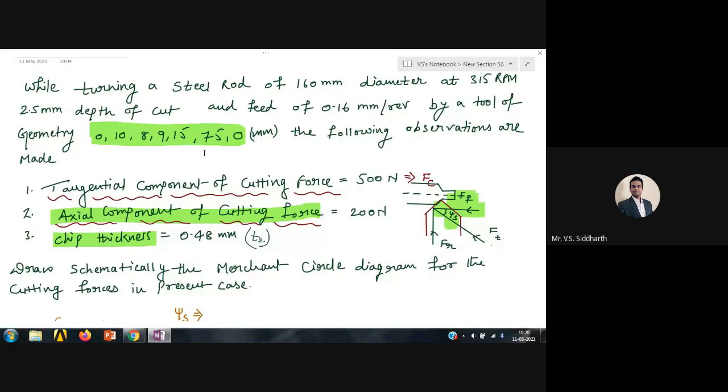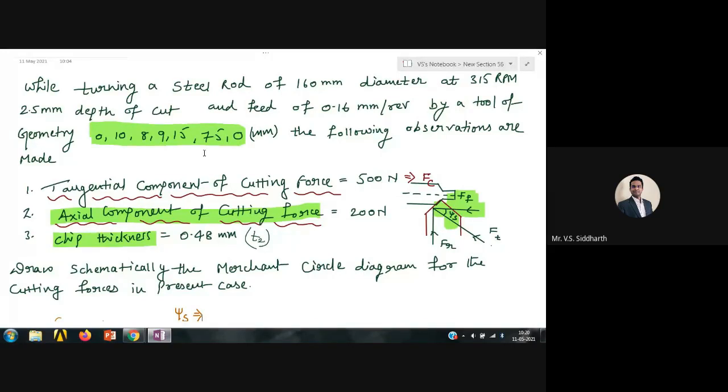Okay. Others, quickly tell me what is the value of psi s? Side cutting edge angle. Immediately tell me. I want to see how intelligent you are and how carefully you follow my classes. Janvi, how did it come as 15? Tell me, Janvi, how did you say it is 15?